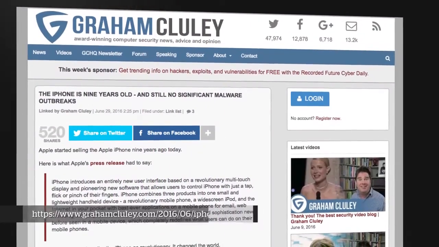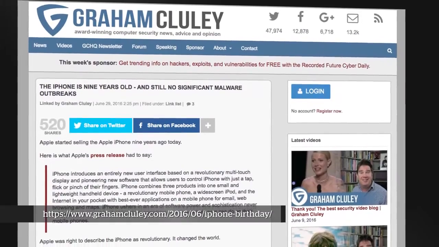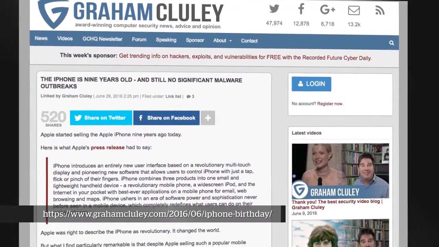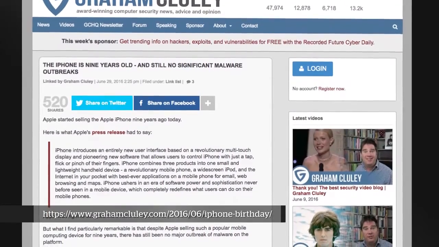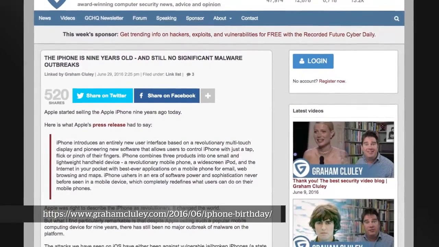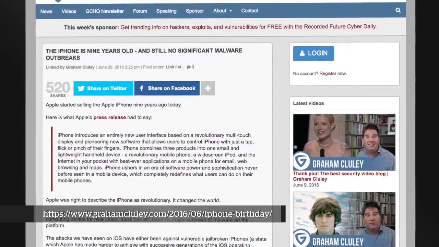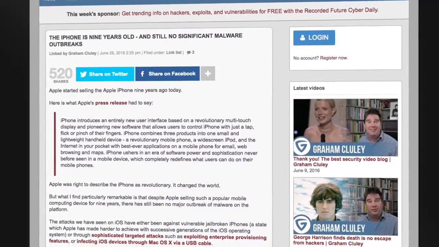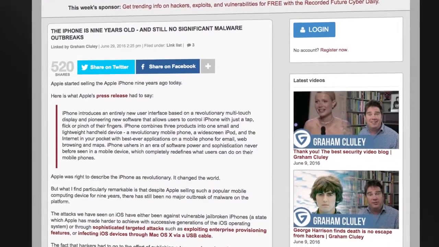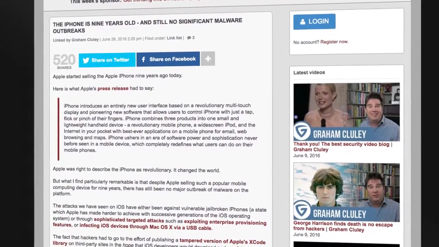Also on Graham Cluley's own blog, right around the same time, he had another article that I thought was an interesting juxtaposition. Last month was the 9th anniversary of the introduction of the iPhone. Wow. And the point that he made in his blog post was, after 9 years, there still haven't been any significant malware outbreaks targeting iOS.